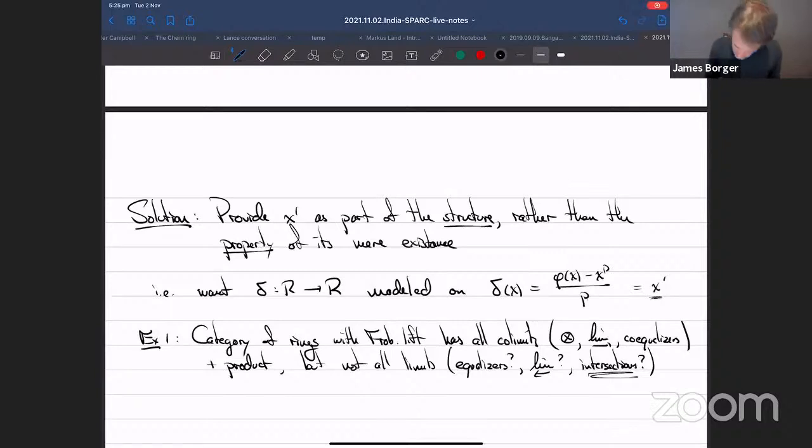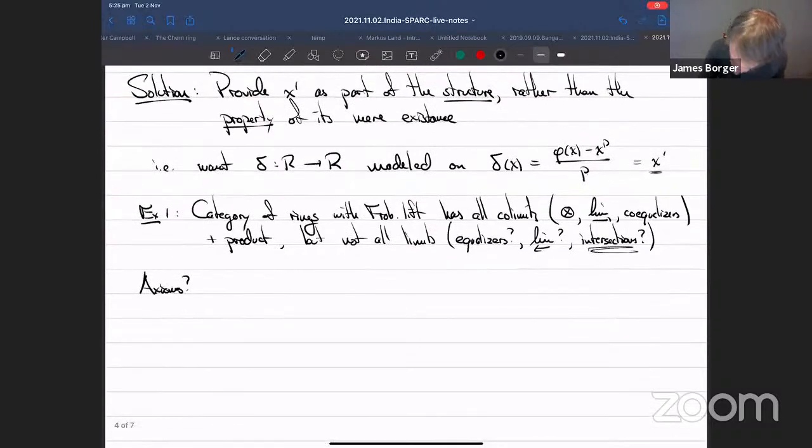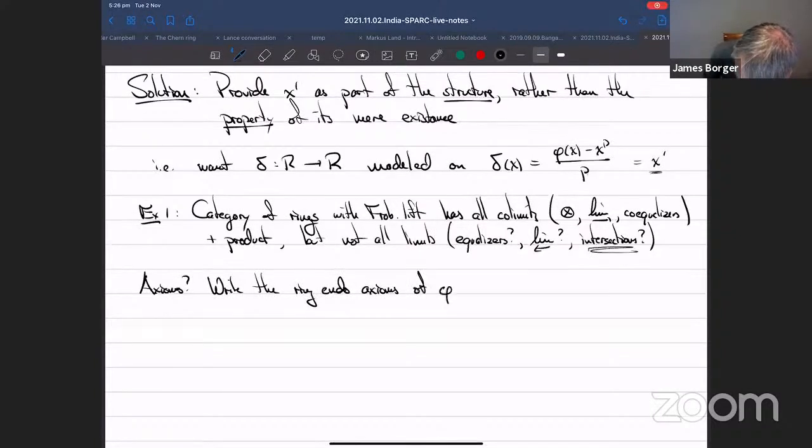Okay, so what are the axioms? Now I'm going back to here: what does it mean to have an operator modeled on this? Well, what I mean is we just write out the ring endomorphism axioms of phi, but in terms of delta.